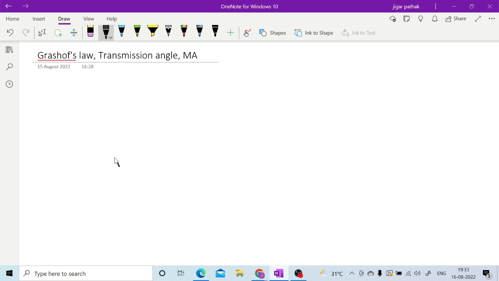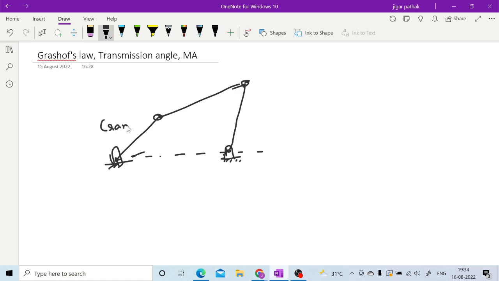Whenever you have this 4-bar chain mechanism, this is your crank, this is your connecting rod or coupler, and this is your rocker.